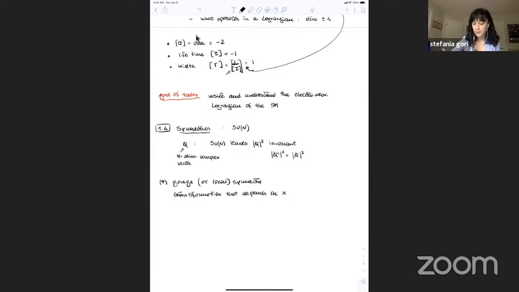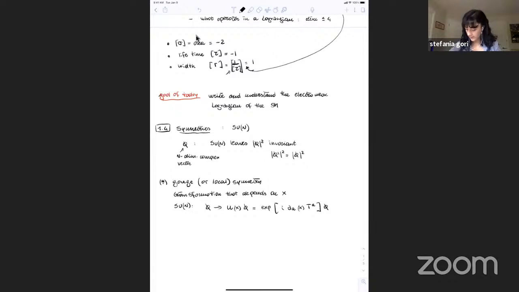And so if we focus on a local SU(N) symmetry, and we apply it to this vector phi that I introduced before, what happens to phi? Phi will transform as U(x) phi, or I can write this unitary transformation explicitly as the exponent of i alpha^A(x) T^A, acting on phi. Let's see what these symbols mean.